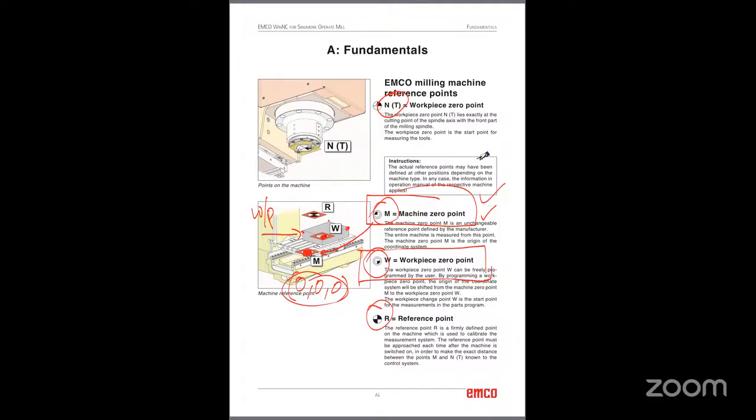The operator can choose a reference point, which is called a workpiece 0 point. So when we write a CNC program, we will use an origin. This origin is this W, not this machine 0 point. So that is the first important point.